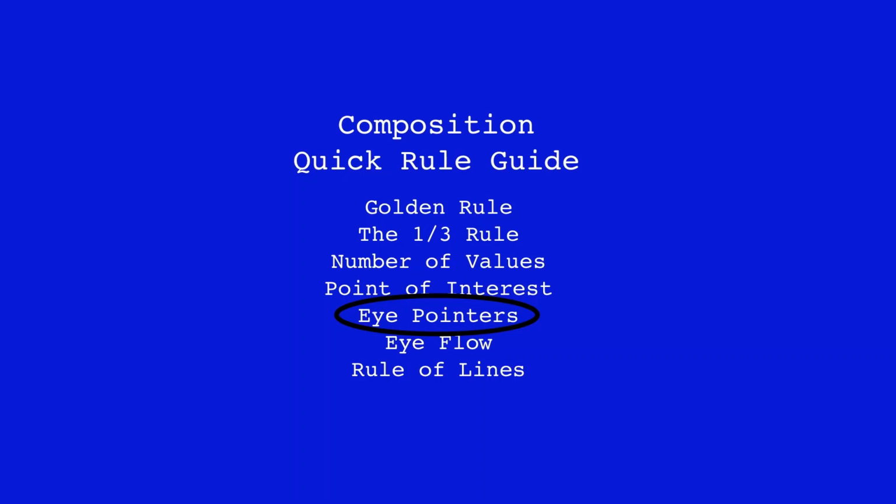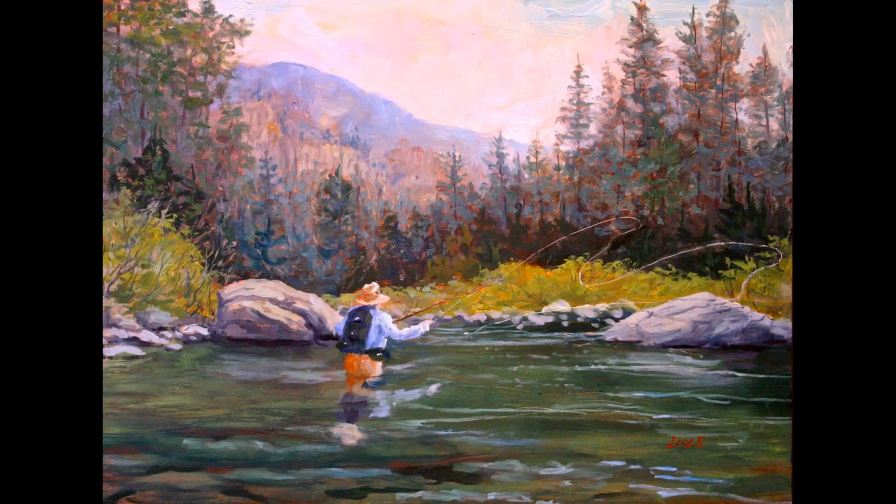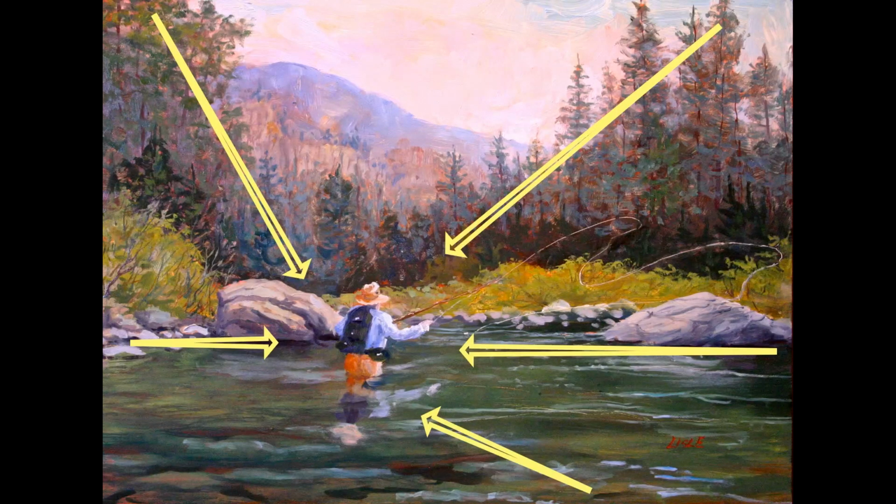The 5th rule is eye pointers. There are things that you put in your painting to help move the viewer's eyes around the painting. Let's look at the painting of the fly fisherman again. I have arrows showing how the lines in the painting direct the viewer to the point of interest.